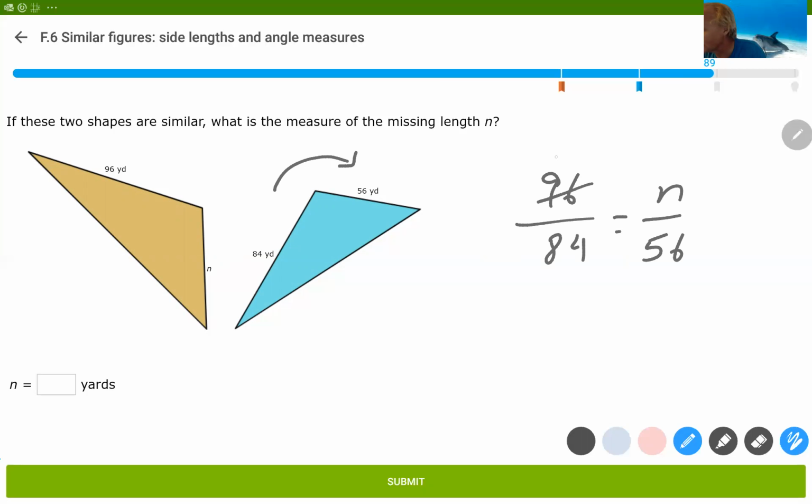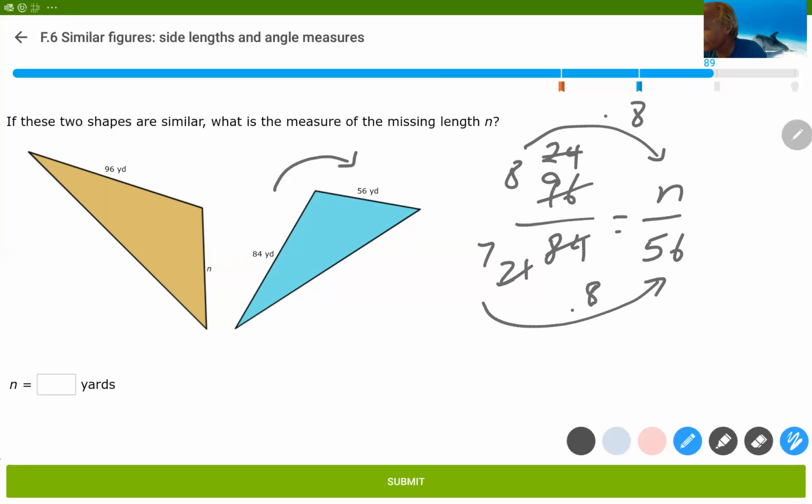That 12, oh no, it's only divisible by 4. So this is going to be 24, and divide this one by 4 and you get 21. Dividing by 3, we get 8 and 7. 7 times 8 is 56, and 8 times 8 is 64. Basically, what I'm doing is creating equivalent fractions by multiplying the denominator and numerator by the same number.